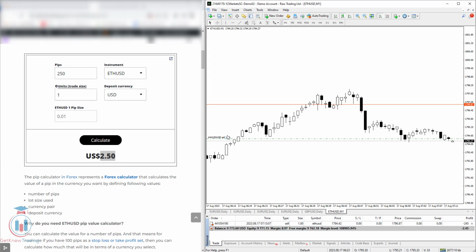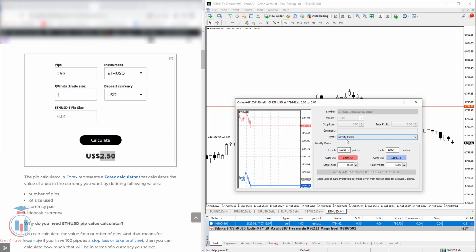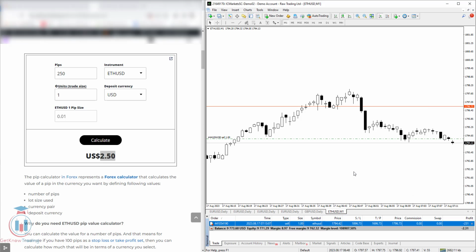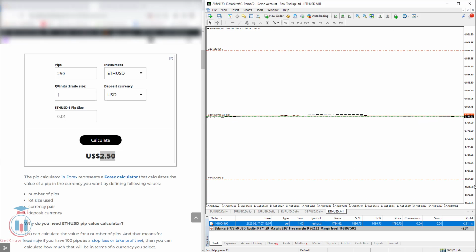And that means that you can use this pip value calculator to calculate how much pips you would make or lose on this trade. So if we change this stop loss take profit to, for example, 1,000 pips, sorry, I have put 1,000 pips.